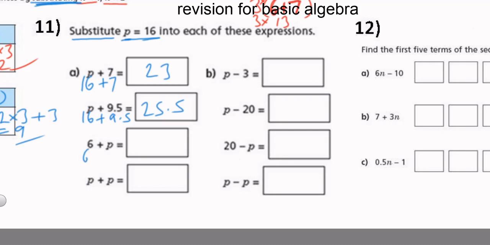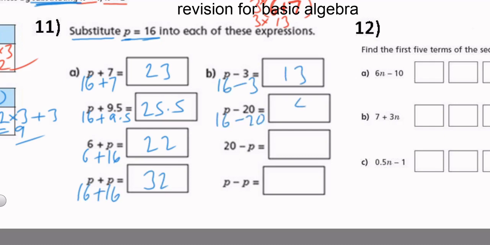That'll be 6, add 16. That'll be 22. 16 add 16, 32. 16 take away 3, 13. 16 take away 20, 4. 20 take away 16.